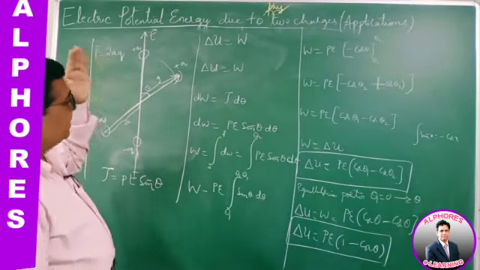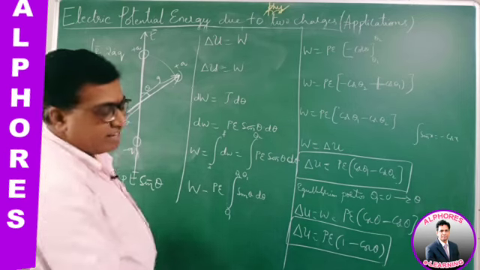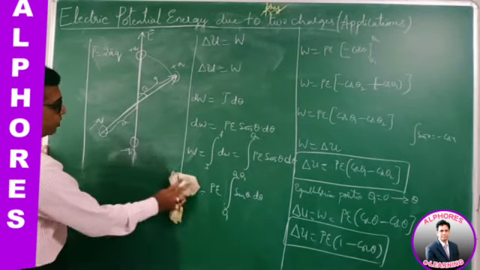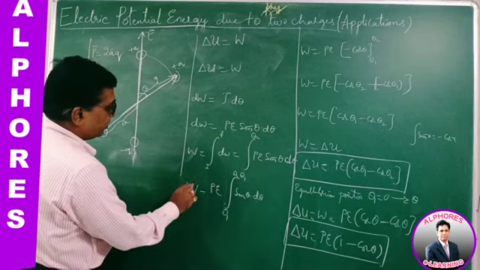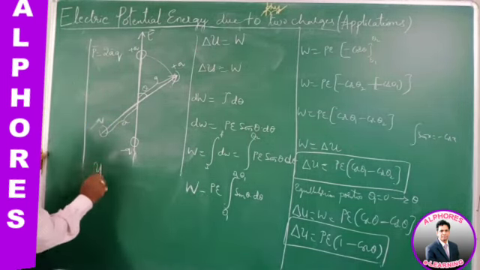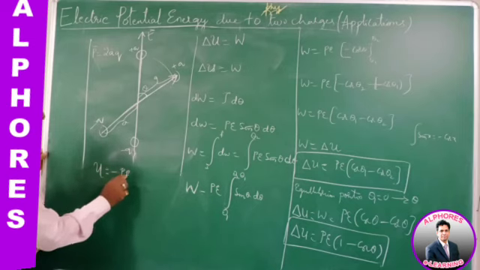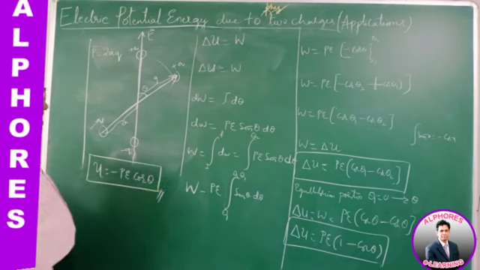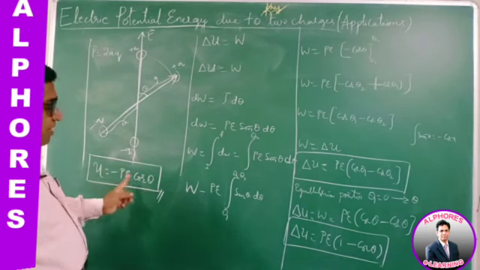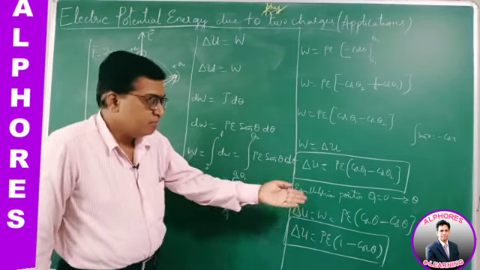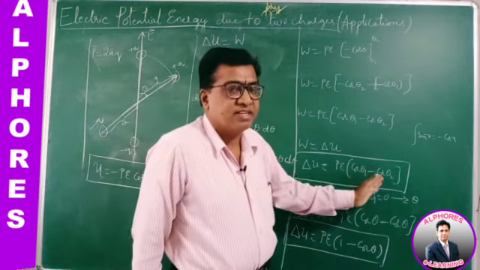So whenever a dipole is placed in a uniform electric field, the potential energy at a position theta is given as minus Pe cos theta. The potential energy at an angle theta is minus Pe cos theta, and the potential difference will be Pe of cos theta 1 minus cos theta 2.